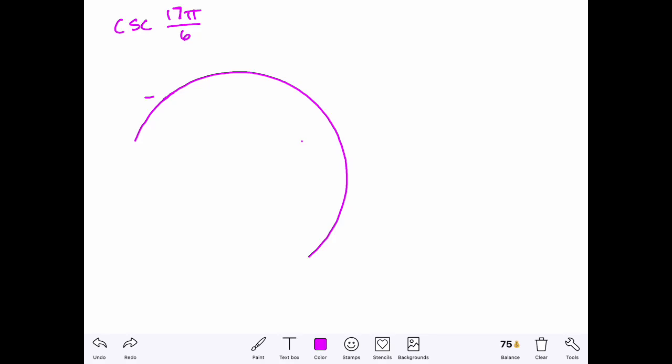Okay, let's continue our discussion of using reference angles to evaluate functions. Maybe they give me cosecant of 17 pi over 6. Well, let's draw our circle around the unit circle.